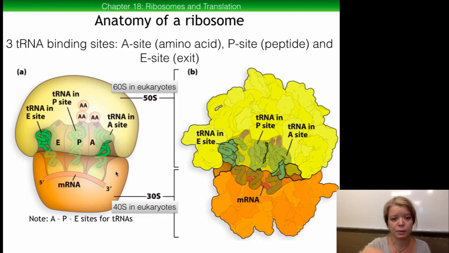So what I like about this diagram as well is that you can see that this is the newest tRNA that has arrived into this position. And it's still holding its own aminoacyl group here.